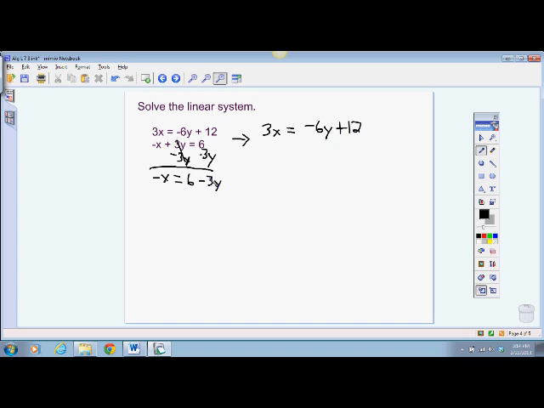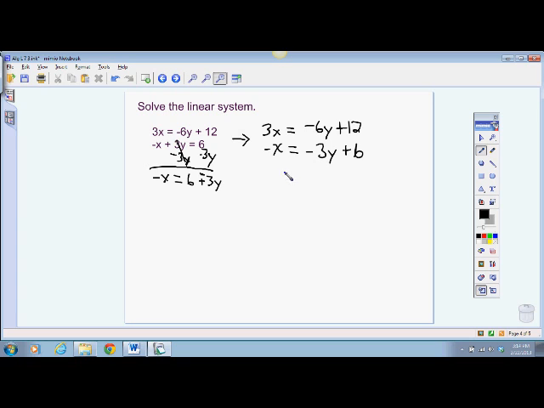And then my new equation, negative x equals, and I'm going to flip these two around so my y's are together, negative 3y plus 6.